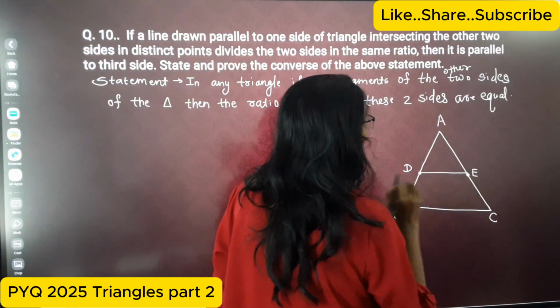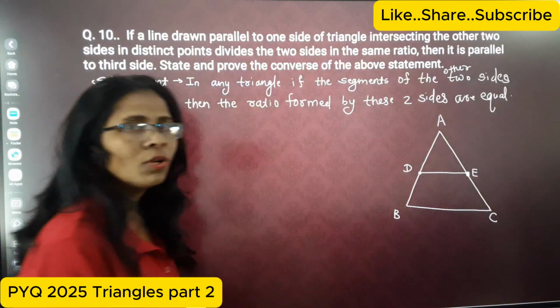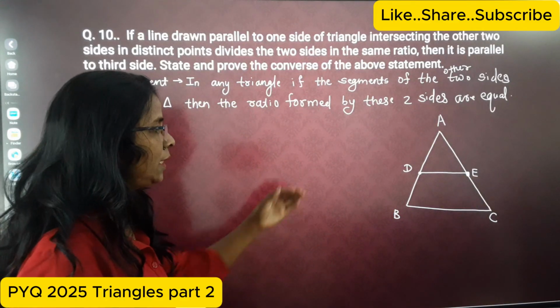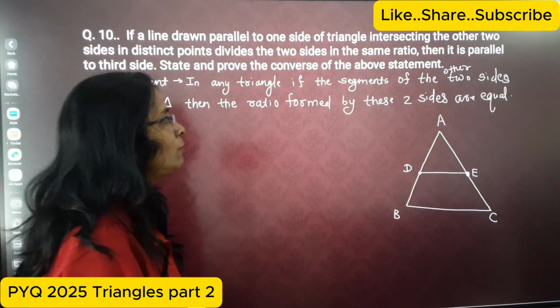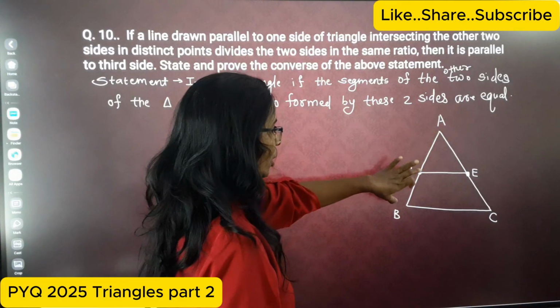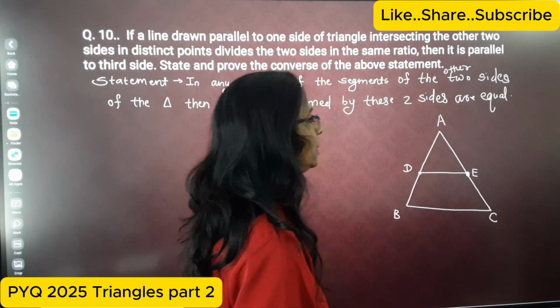Then draw this segment DE parallel to BC, and then we have to prove that AD upon DB is equal to AE upon EC.